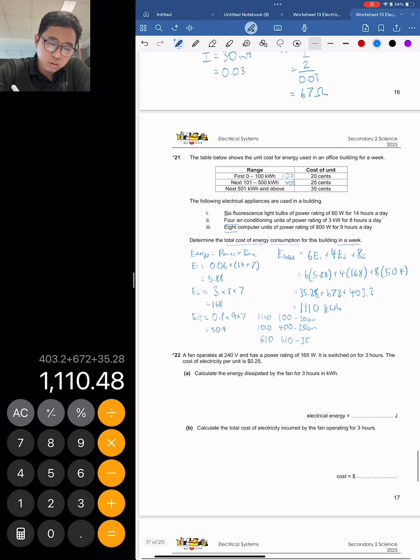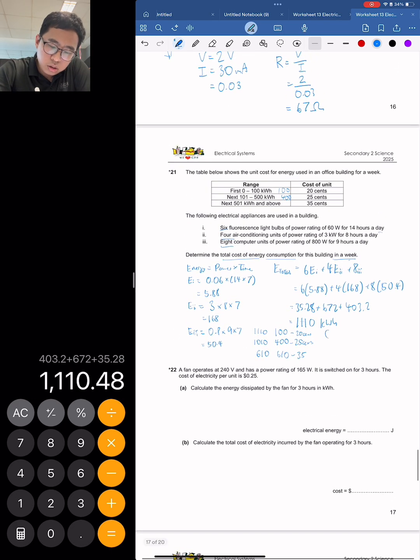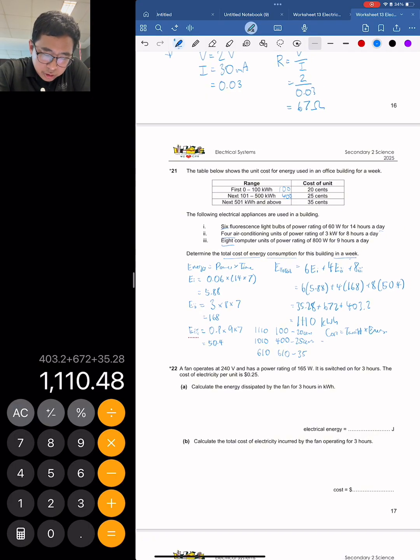So the total cost equals tariff times energy. Because there are different tariff values, you have to use different amounts of energy.